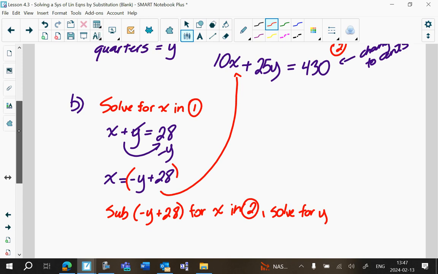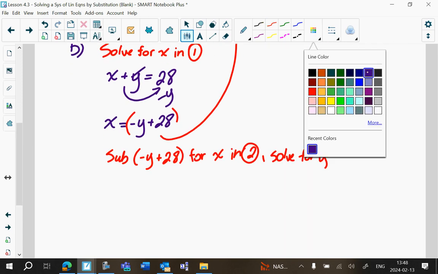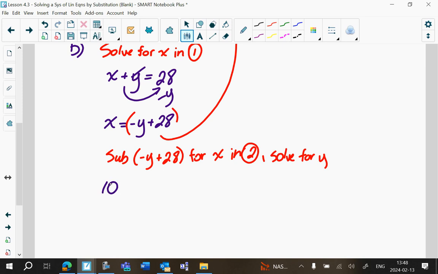So when we do that, we're going to get, instead of 10x, 10 times negative y plus 28 in parentheses, plus 25y equals 430. Now we've got an equation that we can figure out what y is.